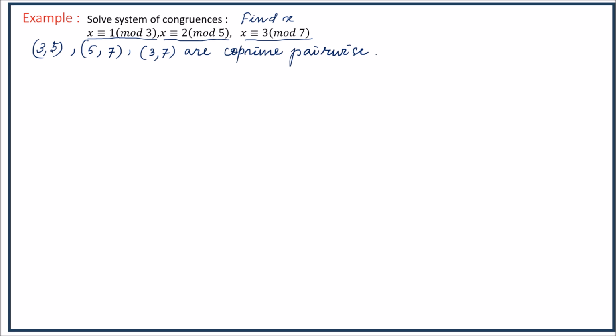So now identifying what will be A1. A1 equals 1, A2 is 2, A3 is 3, N1 is 3, N2 is 5, N3 is 7.